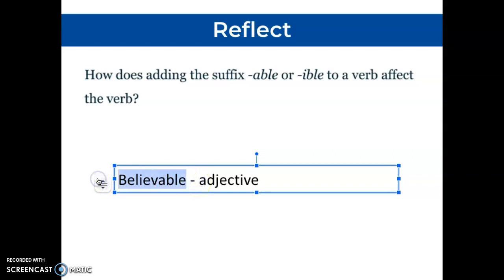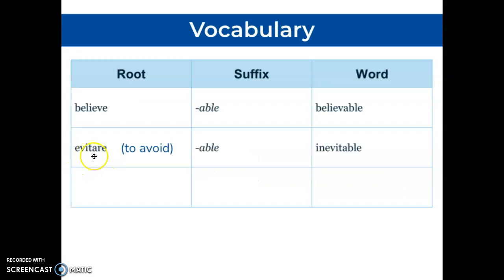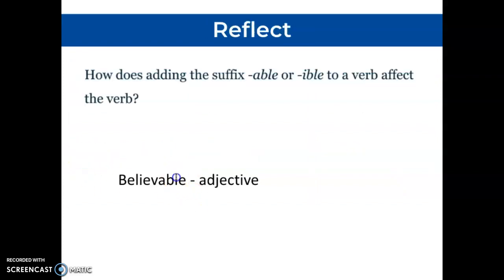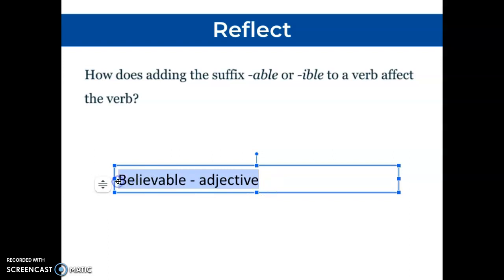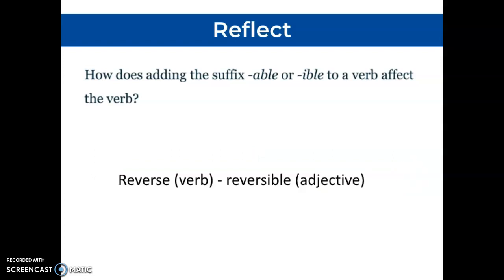Same with the example of evitare, you're meaning to avoid it. It becomes an adjective. Same with reversible. If you reverse something, you're turning it around. And once you say reversible, so this reverse is a verb, and once you call something reversible, you added that ending, it just became an adjective. You can describe something with it. So just a fun vocabulary fact for you to think about.